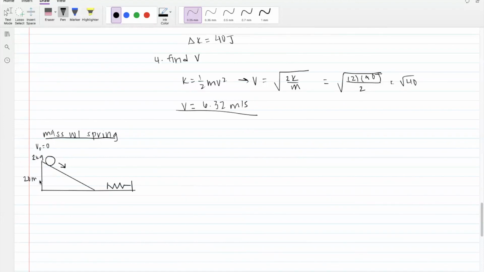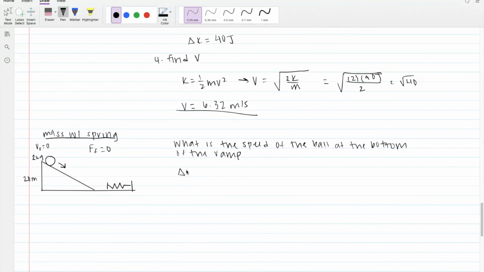This is at a 20-meter height, and the force of friction is equal to 0. A common question is, what is the speed of the ball at the bottom of the ramp before it even hits the spring?